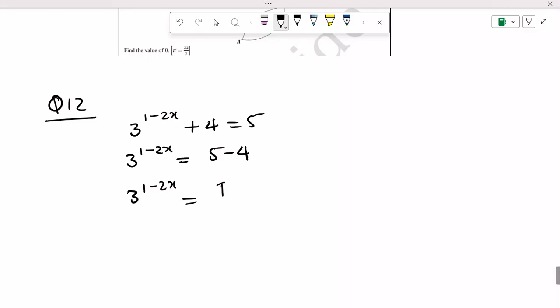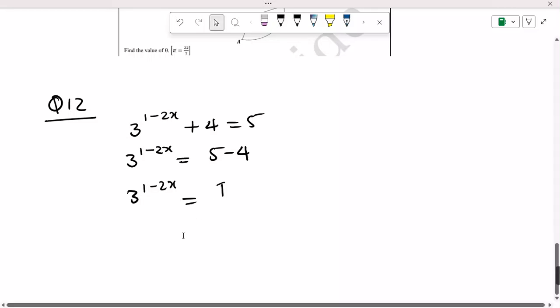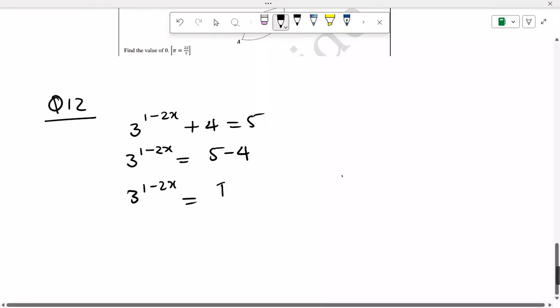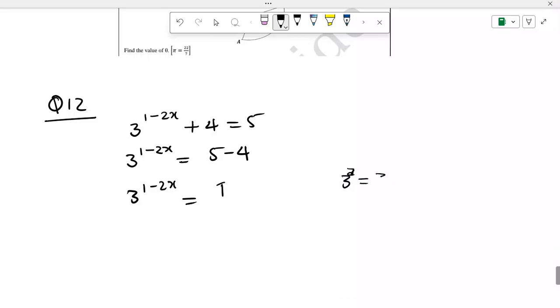Okay, so from here, when you reach here, you know, indices, we need to have something like this. Let's say you have 3 to the power a equals this side, it also has to be 3 to the power maybe b.